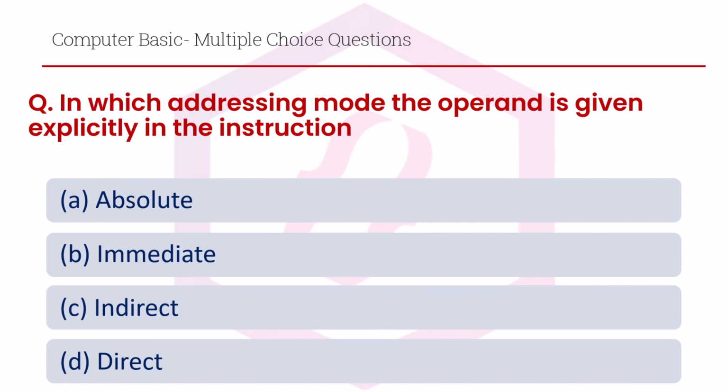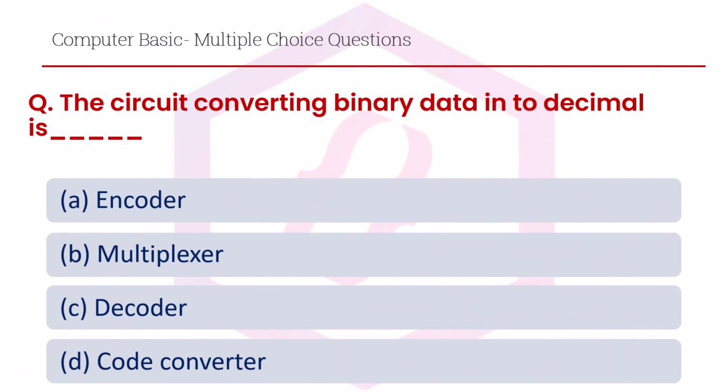In which addressing mode is the operand given explicitly in the instruction? Absolute, immediate, indirect, direct. And the correct answer is option B, immediate. The circuit converting binary data into decimal is encoder, multiplexer, decoder, code converter. And the correct answer is option D, code converter.